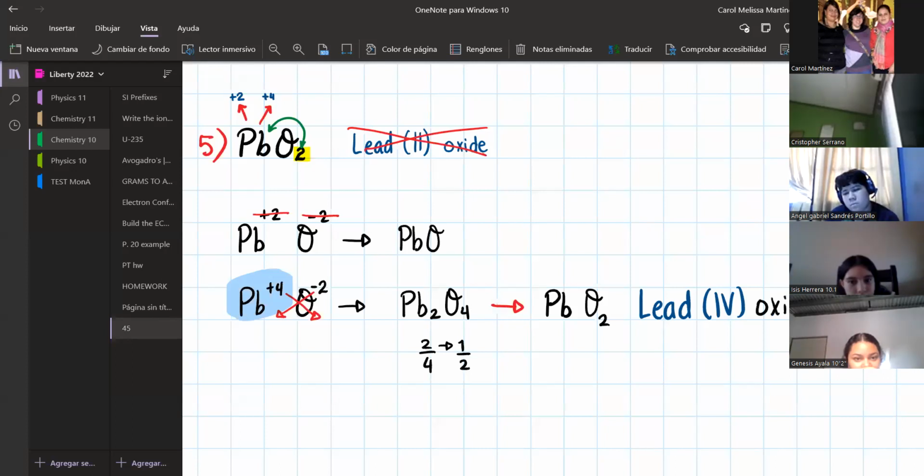So it is very tricky. But that will happen only with charges that can be simplified. So you need to be attentive on that. For example, if you are combining with anions that have a charge of -1, in that case, you will never simplify. Just be attentive with oxygens or nitrogens or sulfurs, okay?